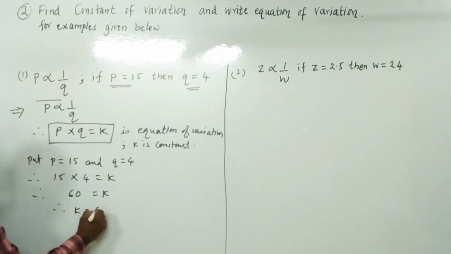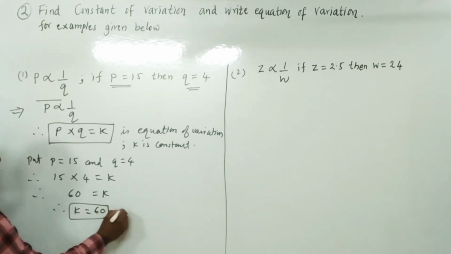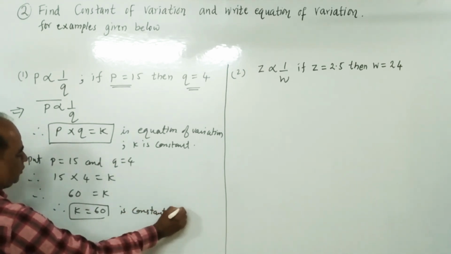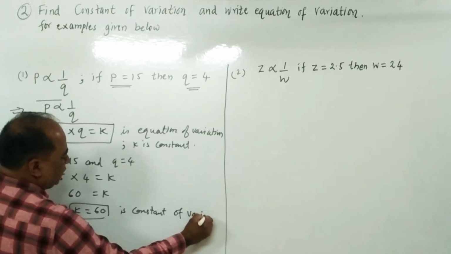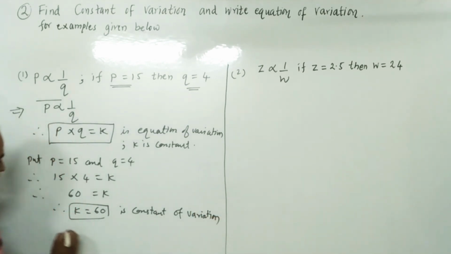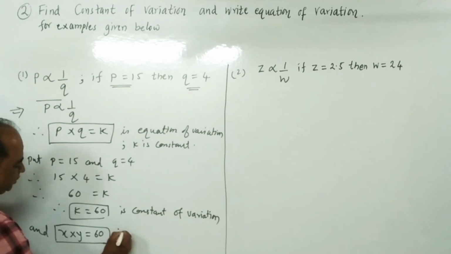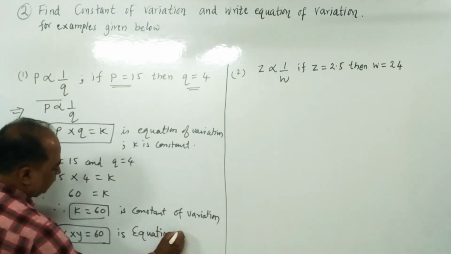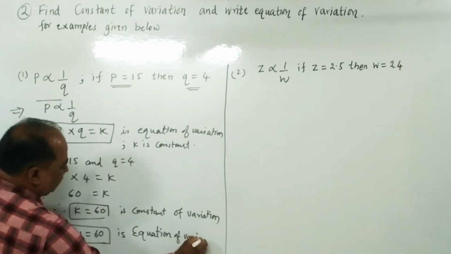Therefore k is equal to 60, the constant of variation, and x into y is equal to k, that is x into y is equal to 60, is the equation of variation.